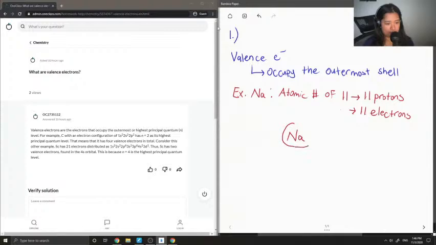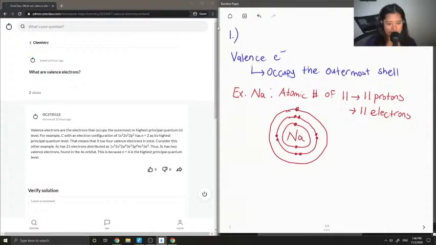So since we need 11 electrons, I'm going to draw out this diagram of sodium. So the first shell only contains 2. And then the shells after that will all contain 8. So we have 2, 3, 4, 5, 6, 7, 8, 9, 10. So we need one more. 11.